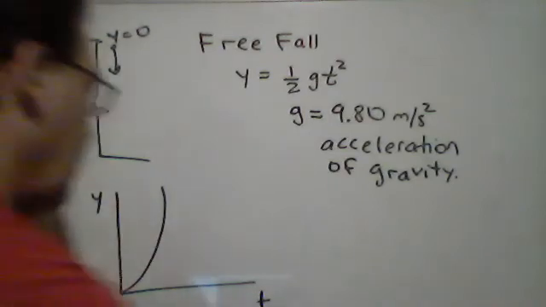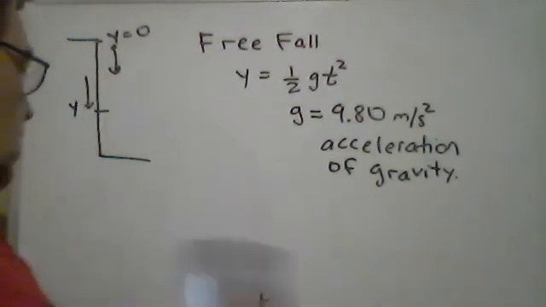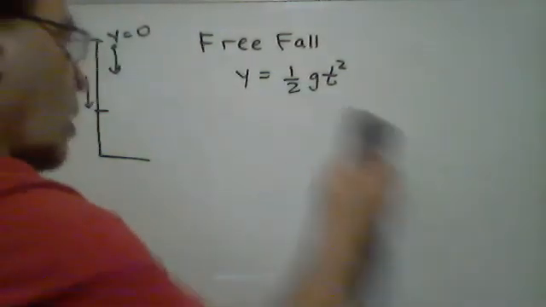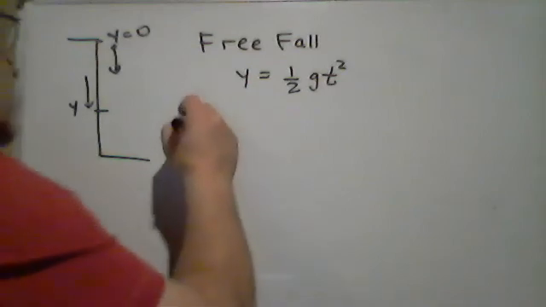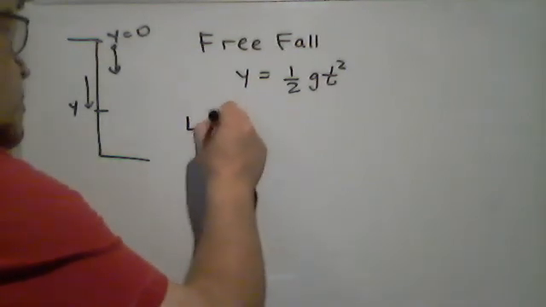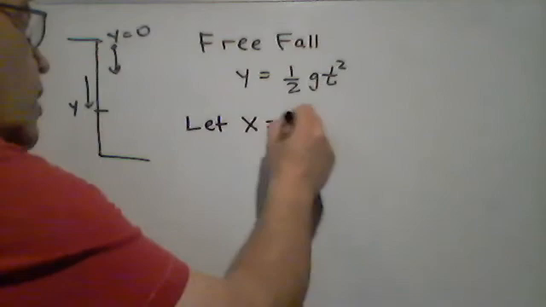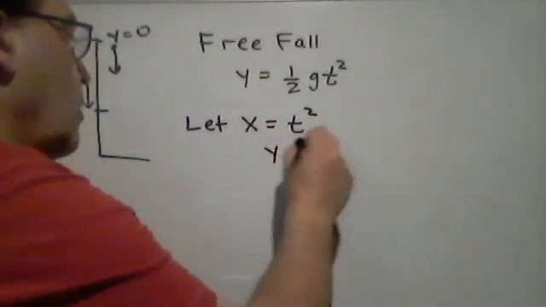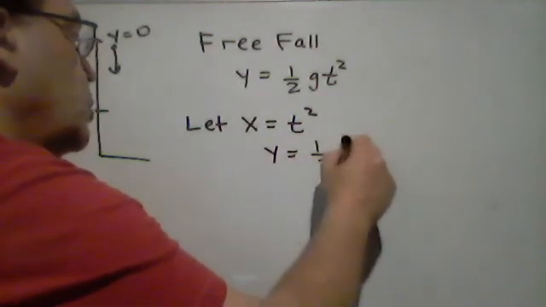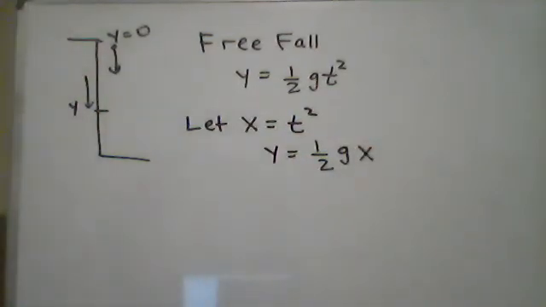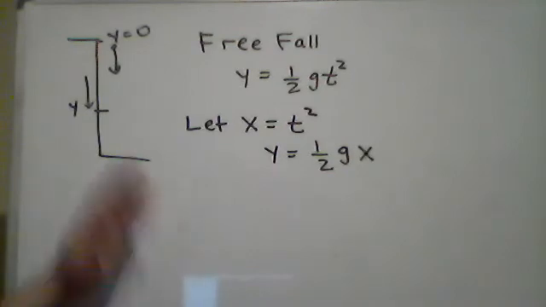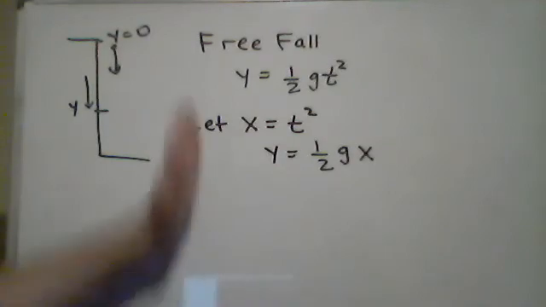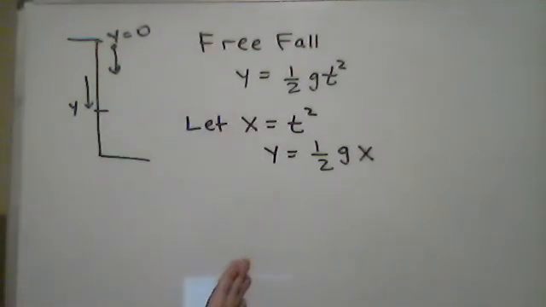And how do I do that? Well, I can do what's called a change of variables. Instead of considering t squared, let's consider a variable x, which equals t squared. And so if I do that, I can say I have y equals 1/2 gx. So in my Excel spreadsheet, I don't want to consider times per se. I want to consider times squared.